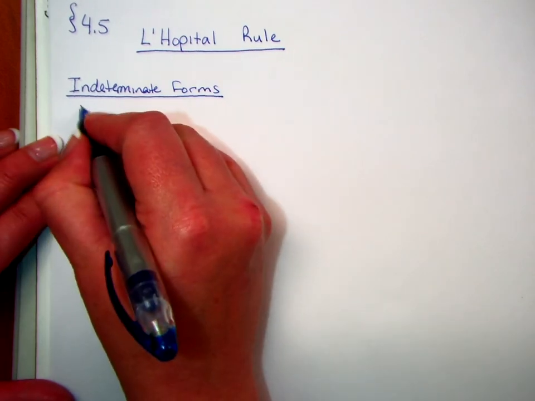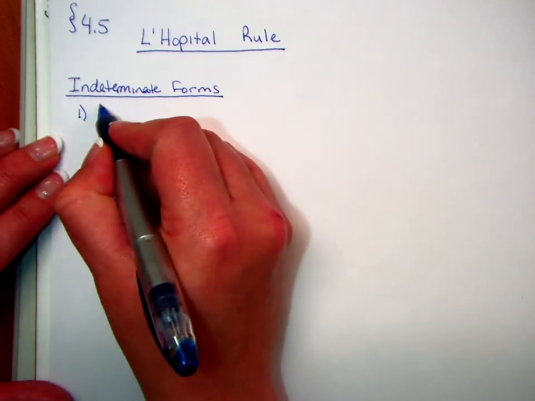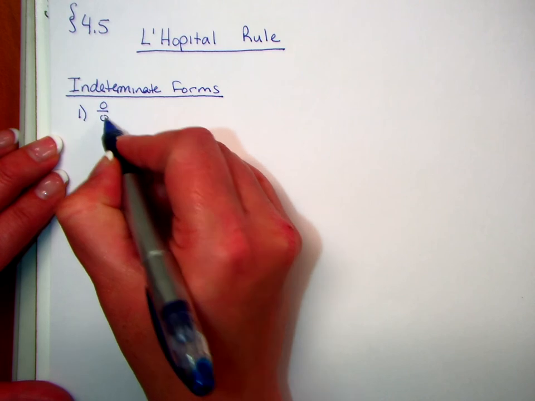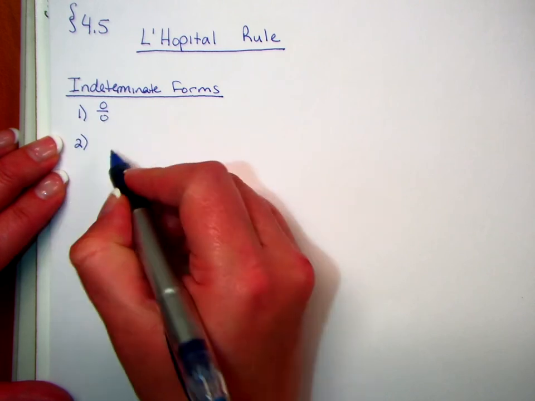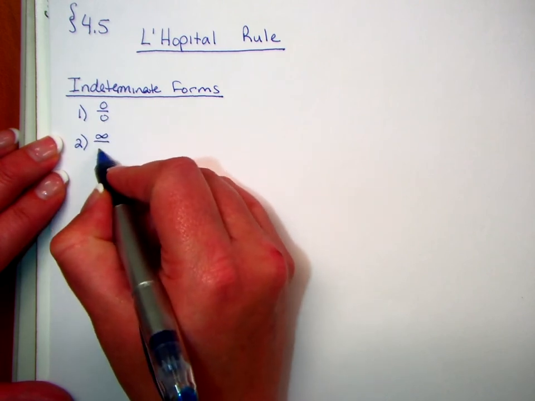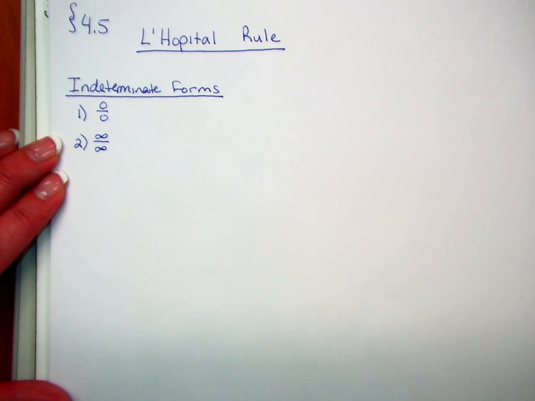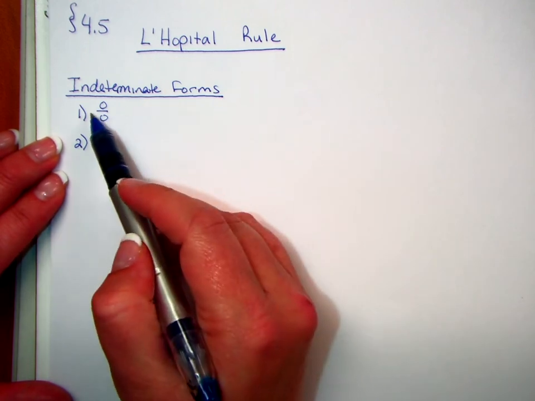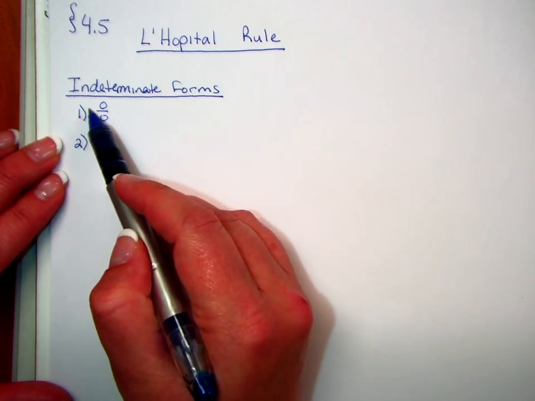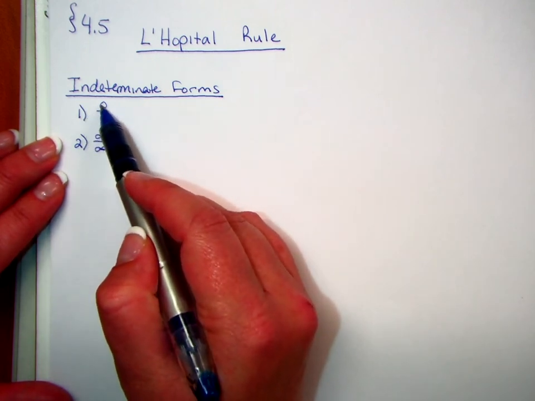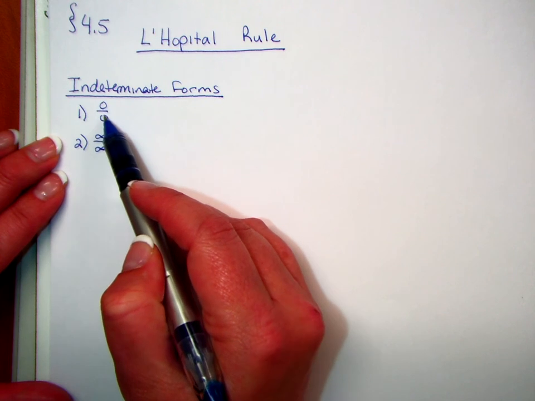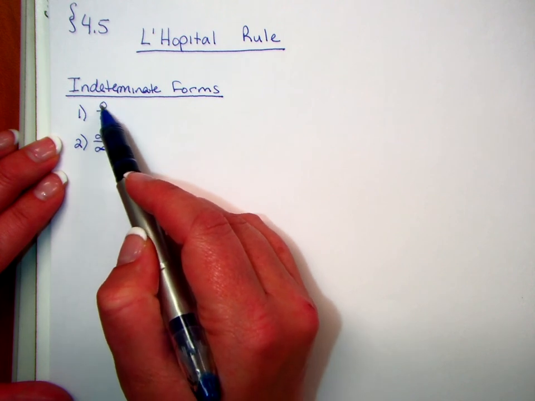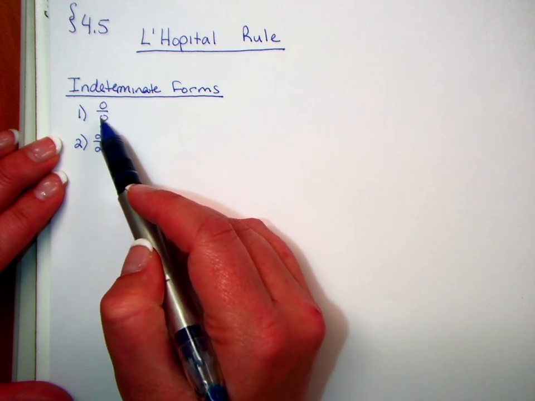The first 2 are indeterminate quotients, 0 over 0 and infinity over infinity. Now, this is the limit of a function, like the limit of f of x goes to 0 and the limit of g of x goes to 0. So we're taking the limit of one function over another.